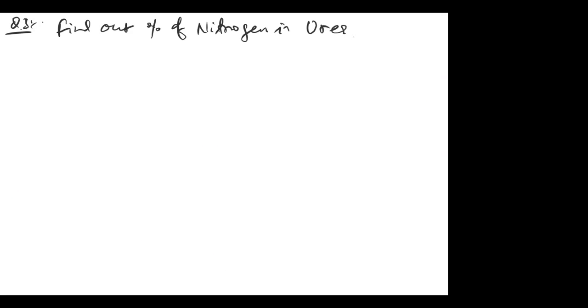So urea is one of the most common versatile fertilizers used by farmers in India. So you have to find out the percentage of nitrogen in urea.